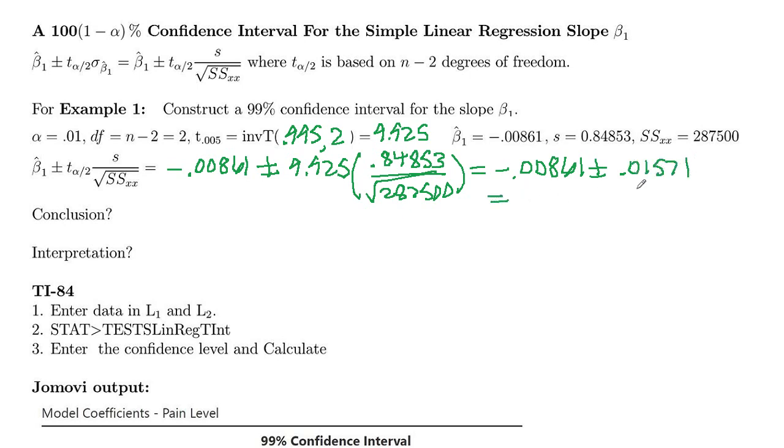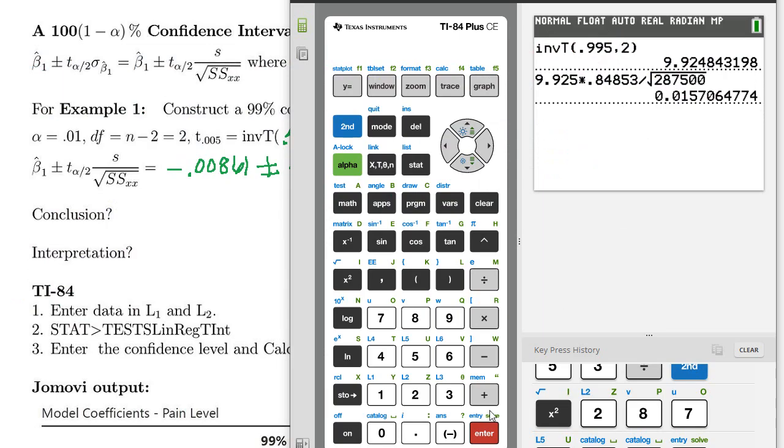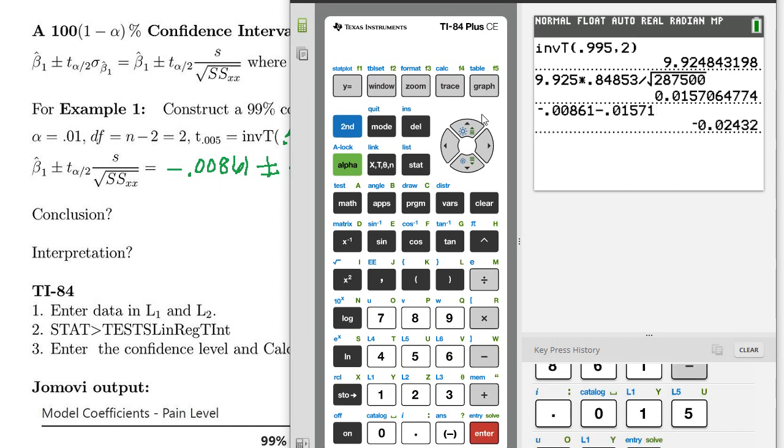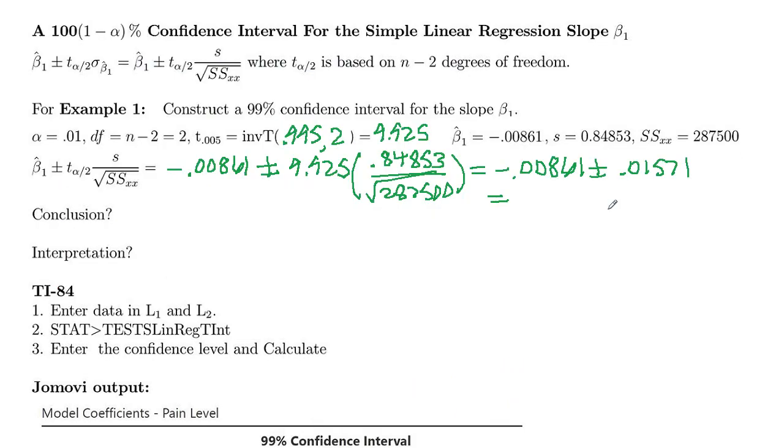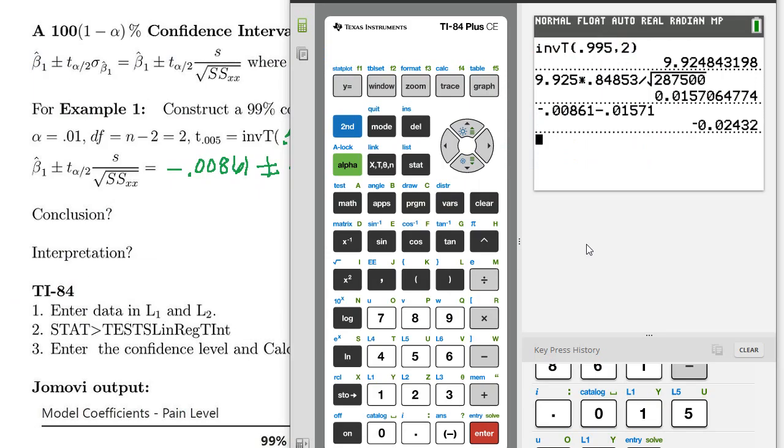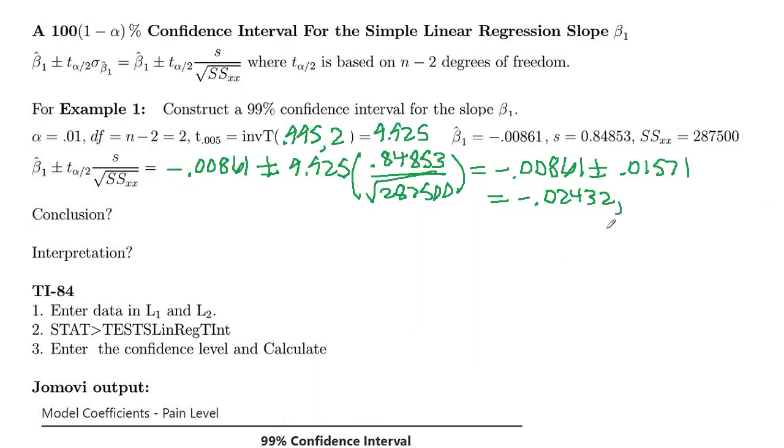So we will add and subtract the 0.01571. Negative 0.00861 minus 0.01571, so on the low end, negative 0.02432. And then we add it on the high end, 0.0071.